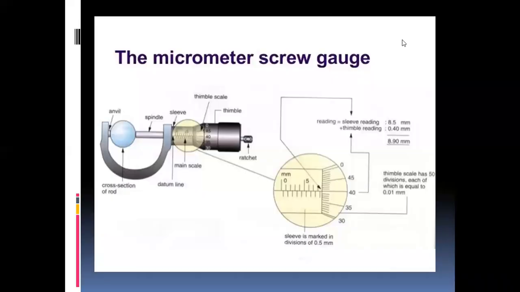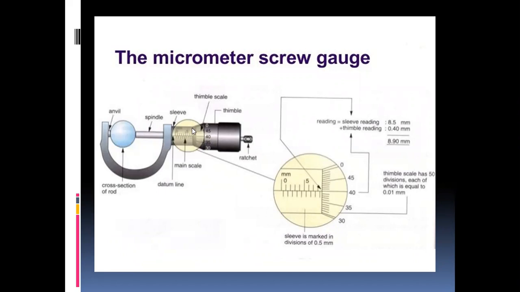A micrometer screw gauge is shown in this figure, and this is a rod which is adjusted between the spindle and the stud. The stud is also known as anvil. When you adjust it, you will check from this scale what's the thickness or the area of cross section of this rod.